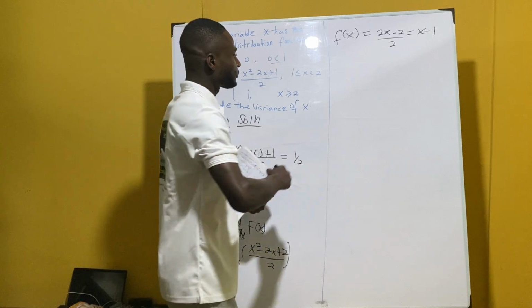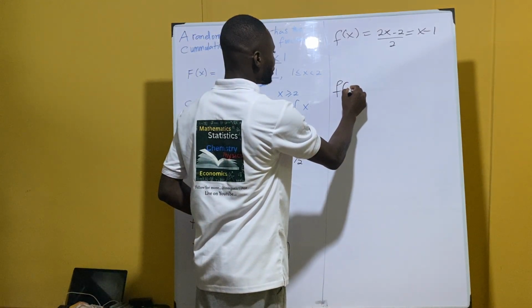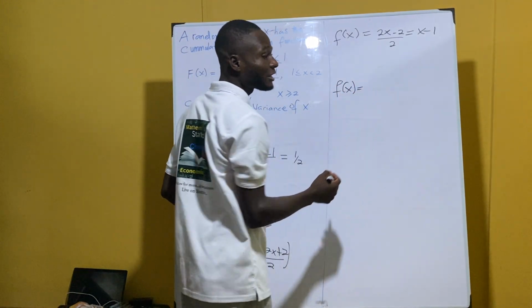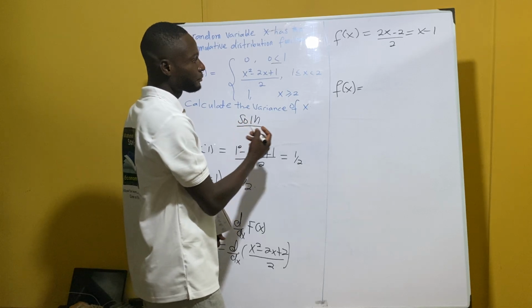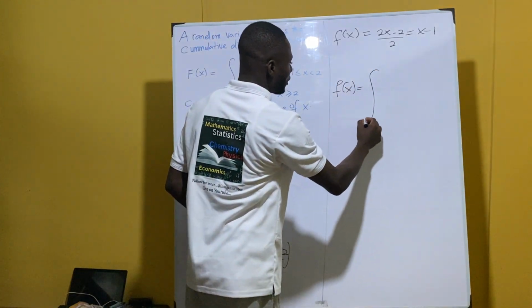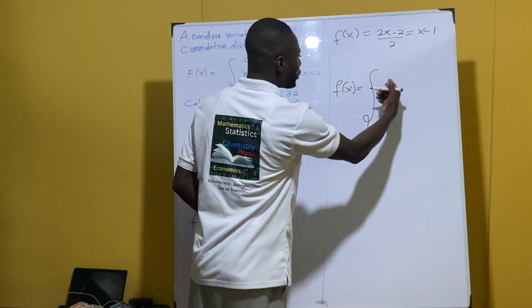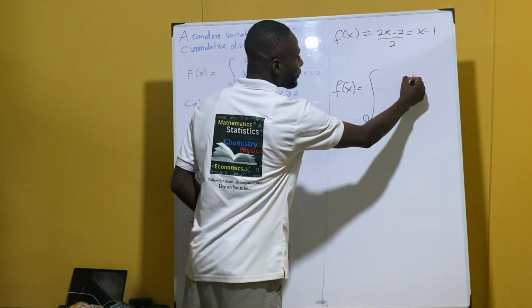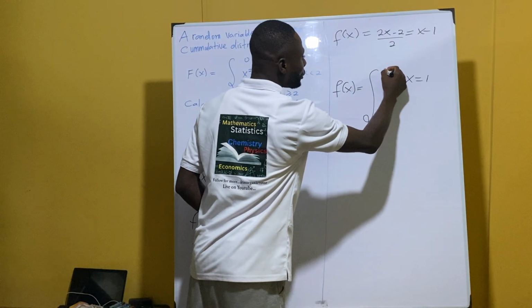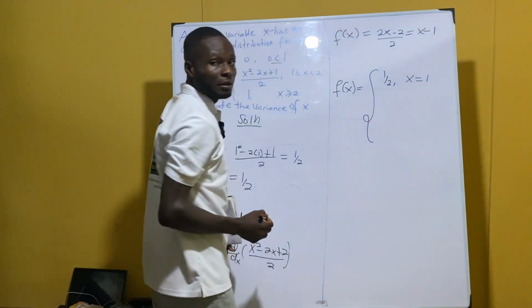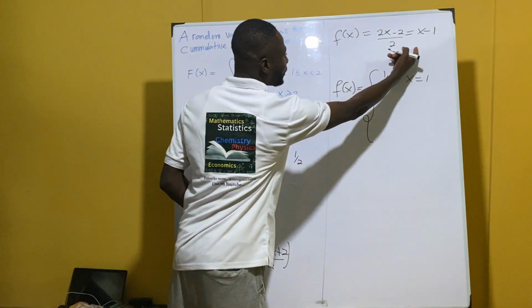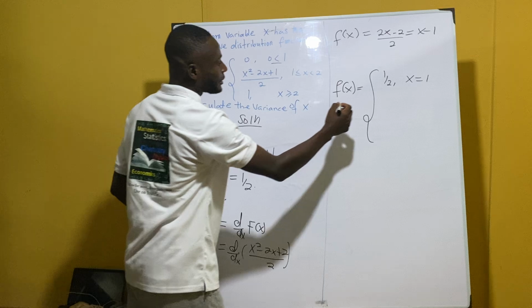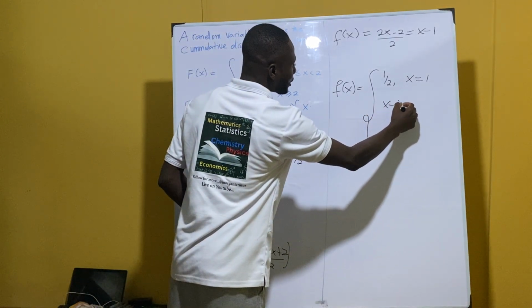So now we can go ahead and write out the PDF from the CDF. The PDF function, or the piecewise function from the CDF, is going to be, let's ignore this side first, right? When x is equal to 1, we know that it's half, right? And when we differentiated this function, we had x minus 1, right?